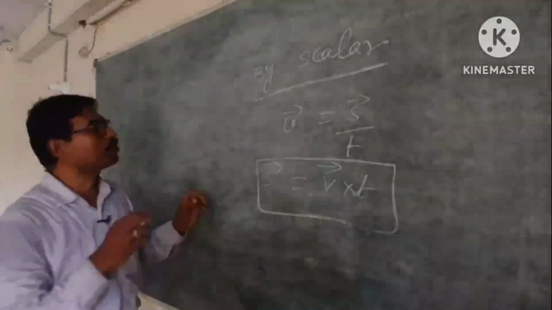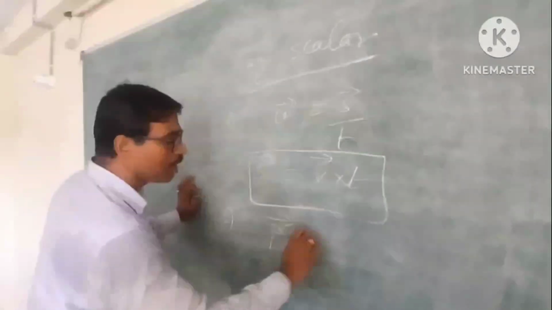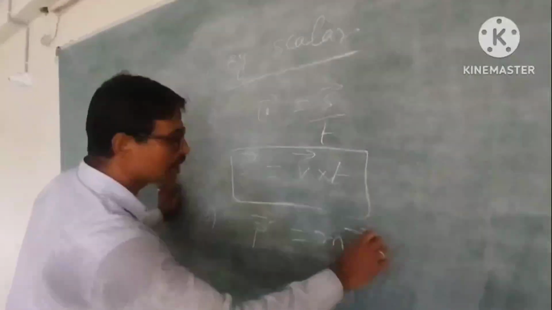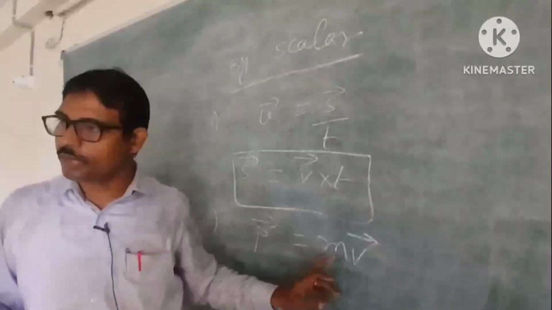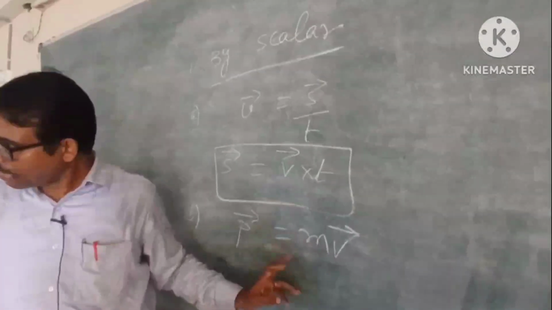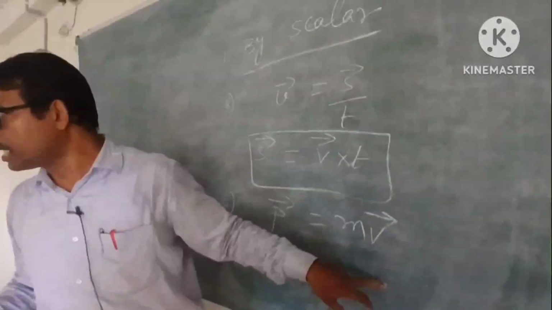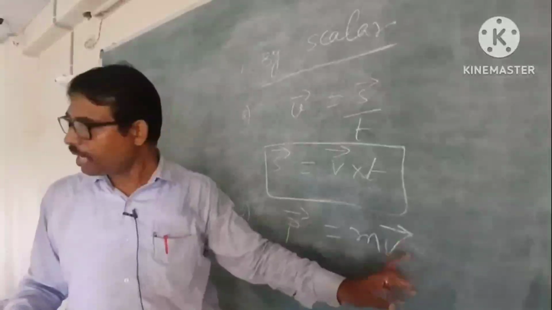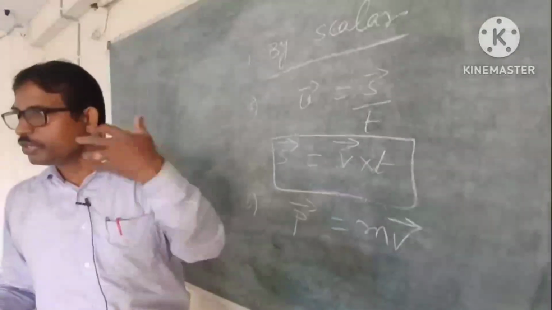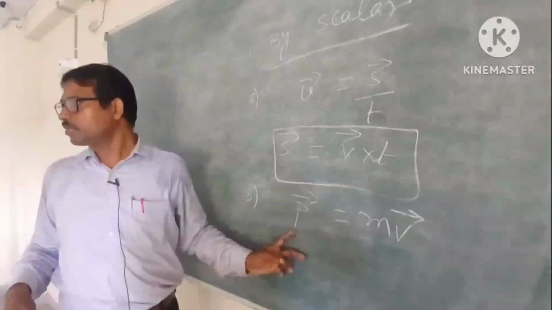Another example: P is equal to mv, where P means momentum. Momentum is the product of mass and velocity. When a scalar quantity m, the mass, is multiplied by a vector quantity v, the velocity, you get a new vector quantity, known as the momentum of the given body.